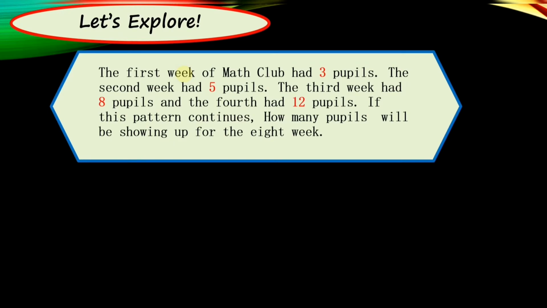Let's explore. The first week of Math Club had 3 pupils. The second week had 5 pupils, and the third week had 8 pupils, and the fourth had 12 pupils. If this pattern continues, how many pupils will be showing up for the 8th week?